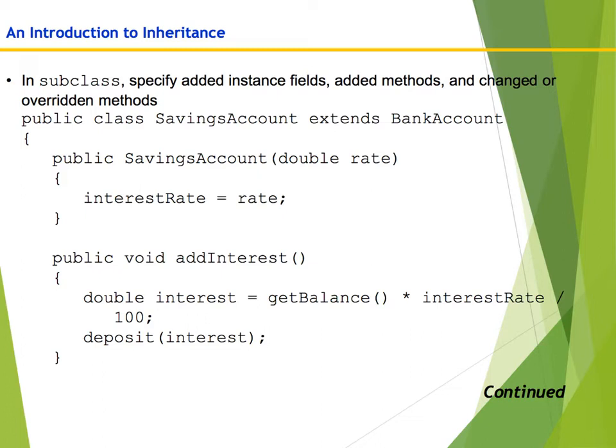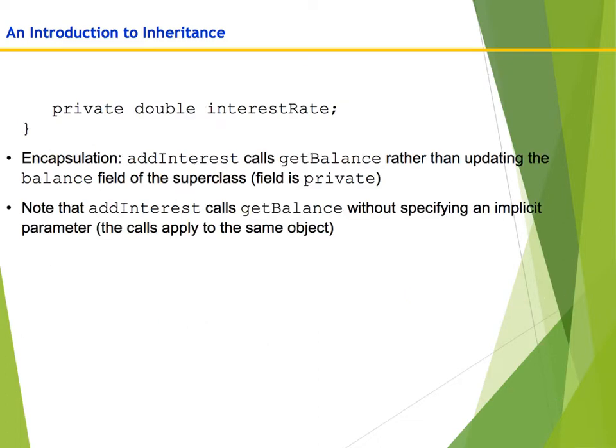It is not defined in the SavingsAccount, but still we can call this method. And lastly, we have another instance field in the SavingsAccount class, which is called interestRate. Obviously, interestRate is not inherited from the superclass because not all bank accounts have an interest rate.